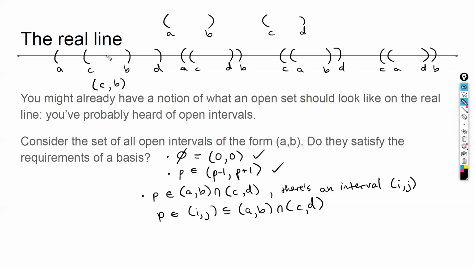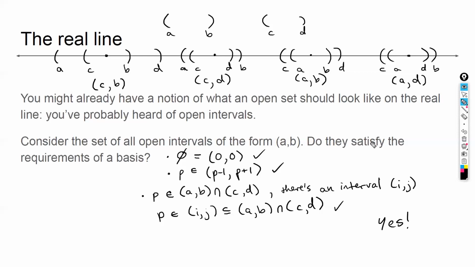So if I have a point inside of the intersection, it's going to be contained inside of the interval (c, b), which is also contained inside of the intersection. I think you'll agree. The same thing is going to hold true here, except that the intersection is now (c, d). Here, the intersection is (a, b). And here, the intersection is (a, d). So in all possible cases, this axiom is satisfied. So we've answered the question. The answer is yes, they do. The open intervals form a basis on the real line.